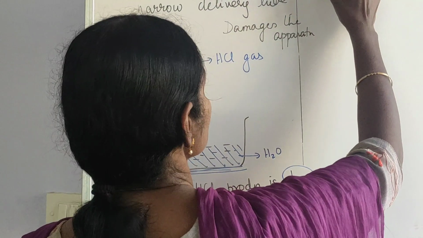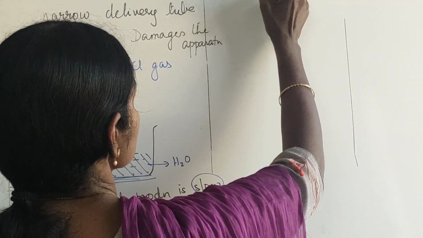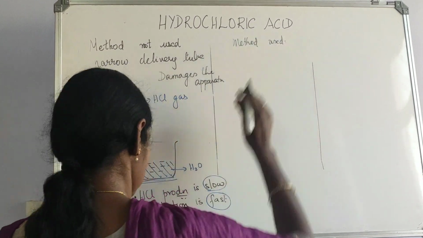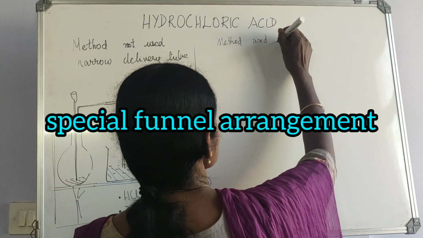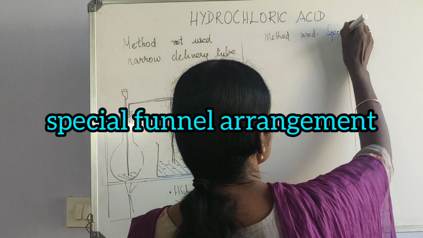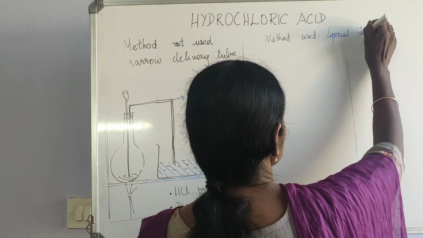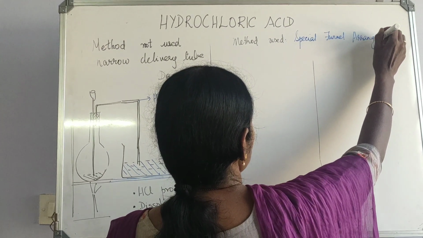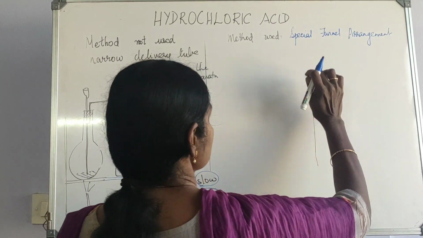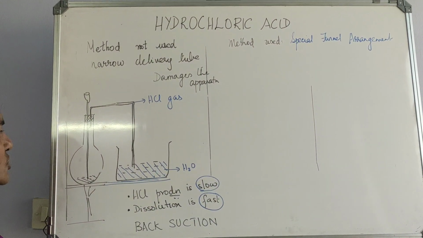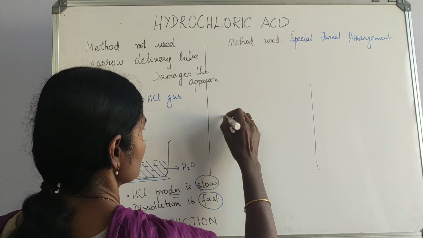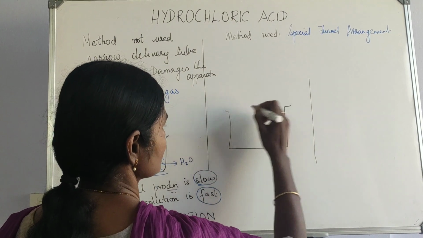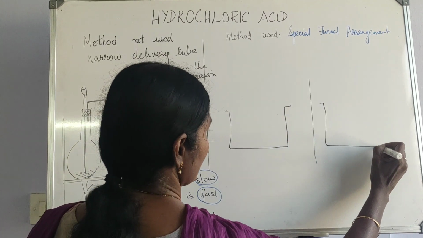So we go into the method that is used, and that is called the special funnel arrangement. We make use of a funnel in the place of a narrow tube.